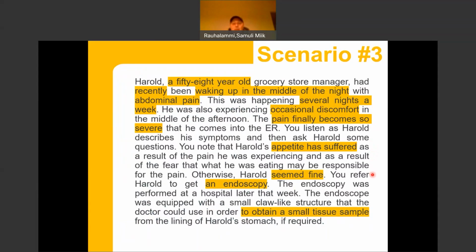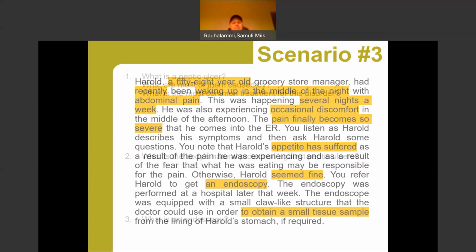With the endoscopy, we end up finding that there is something going on with the lining of the esophagus or stomach. We can even collect little samples in that process for lab analysis. So let's have a look at the questions for this scenario.